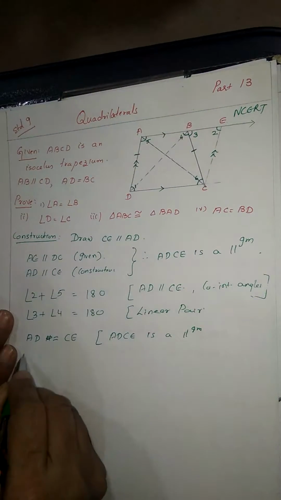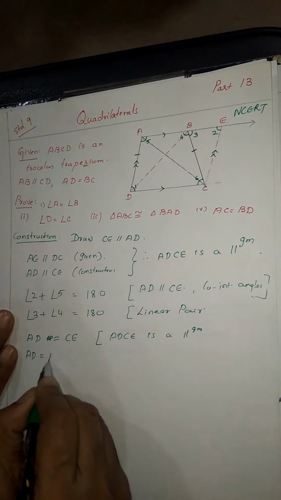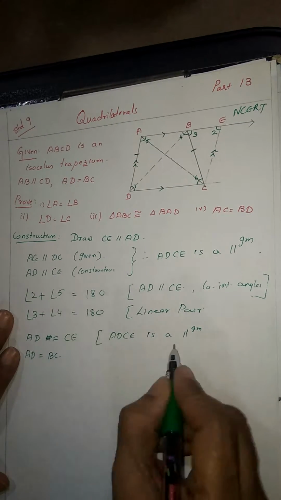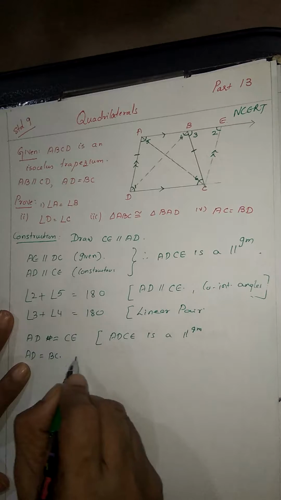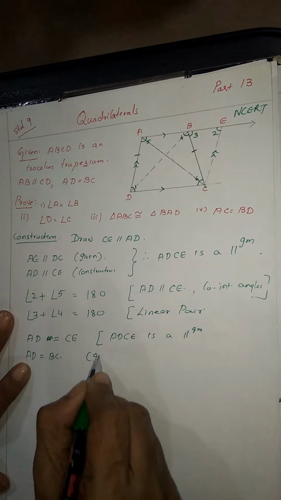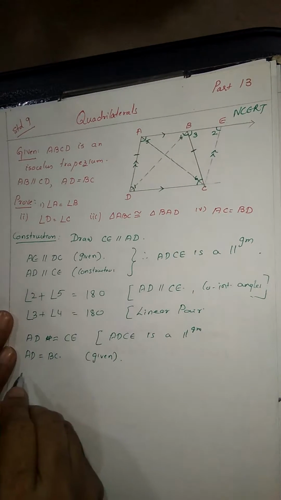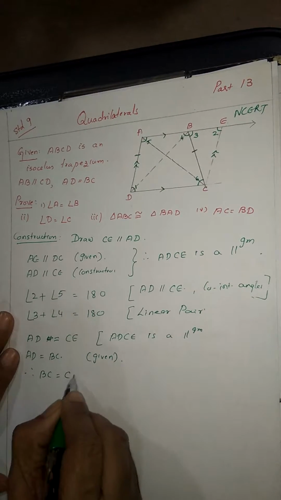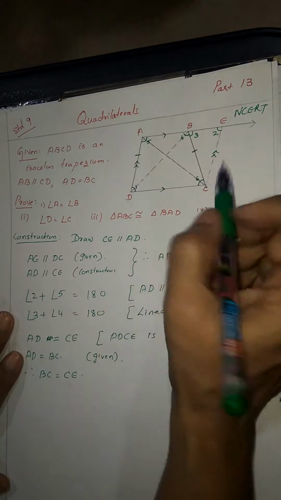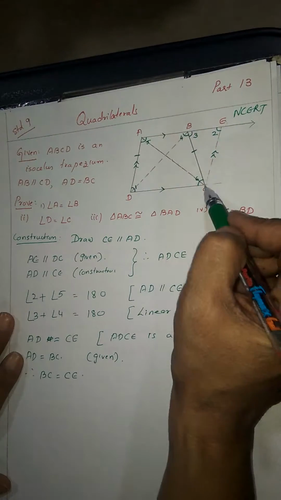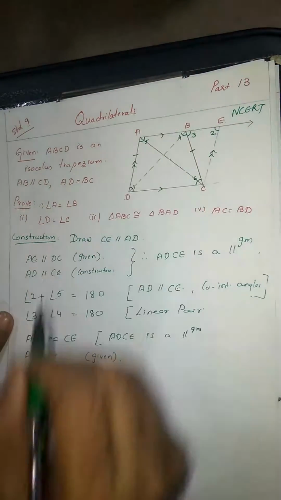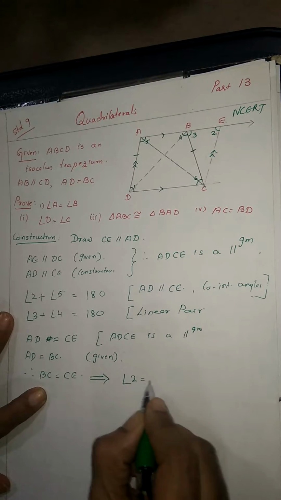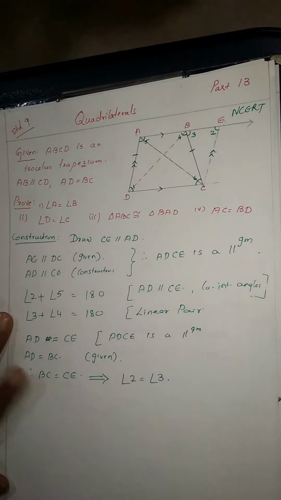Now we already know AD is equal to BC, it's given. Therefore BC is equal to CE. Therefore angle 2 is equal to angle 3.